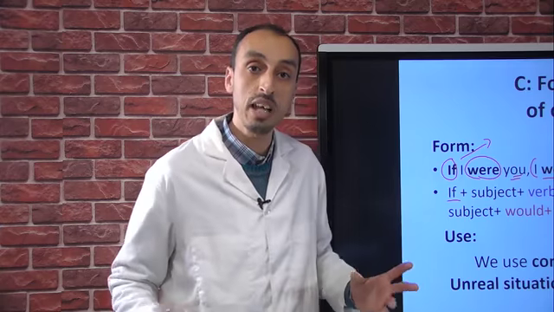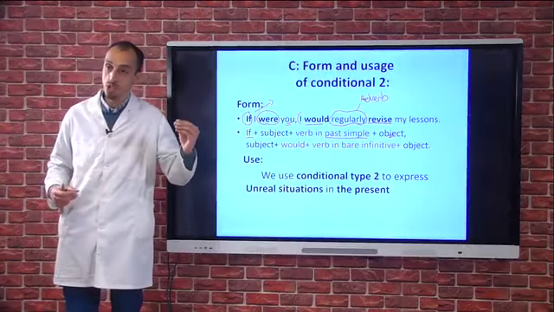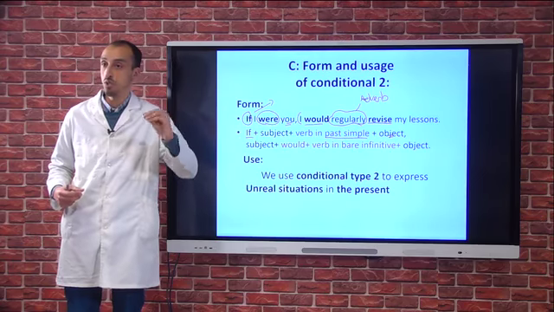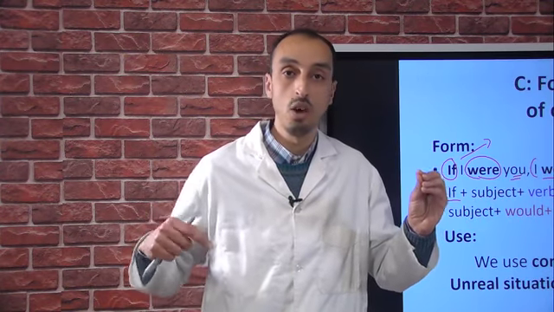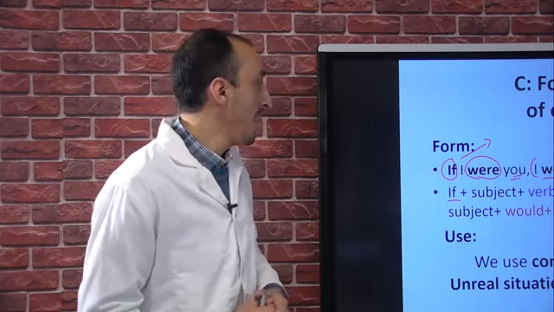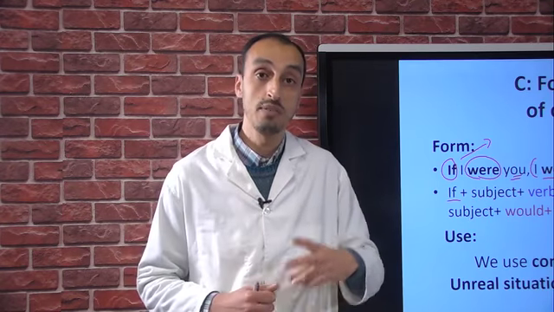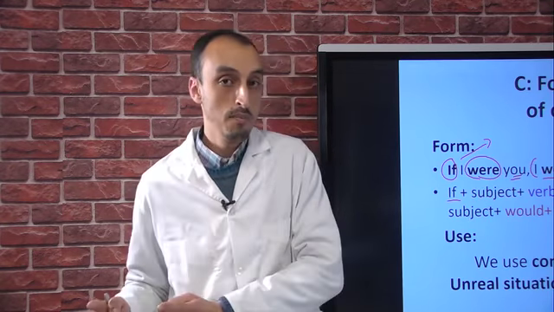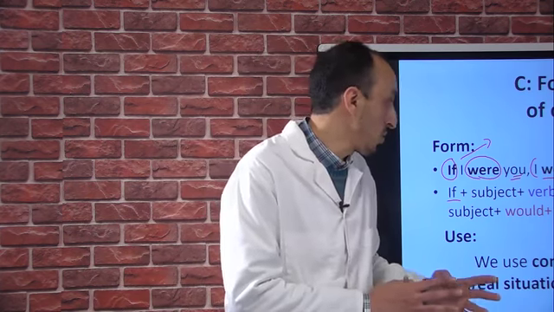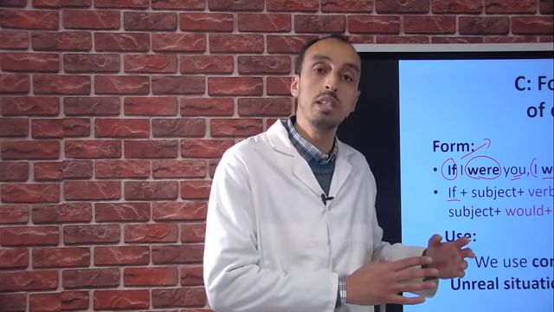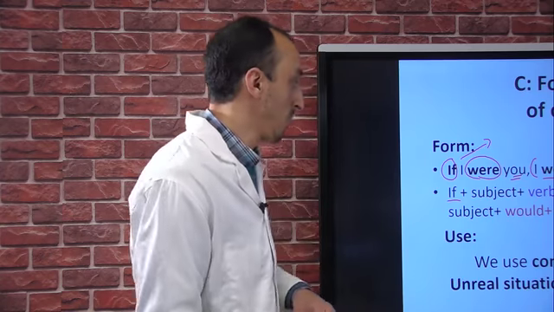In conditional type 1, we have 1 change: present, future. For the future we usually use the auxiliary will, okay? And in conditional type 2, we have 2 changes. The if clause is in simple past, then we use would or could in the main clause plus verb, okay?